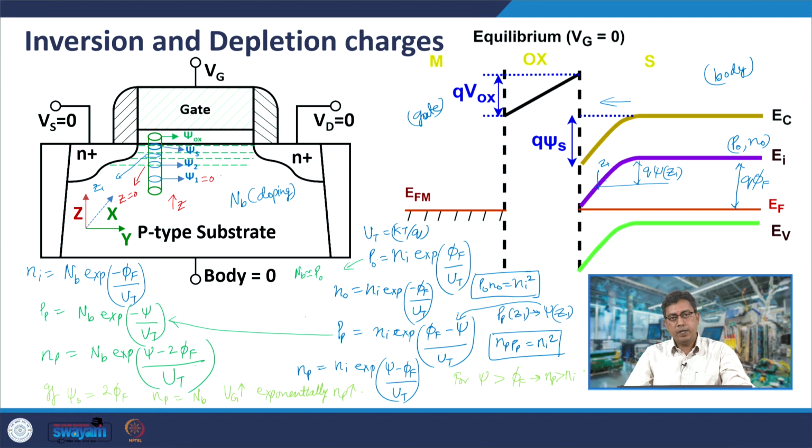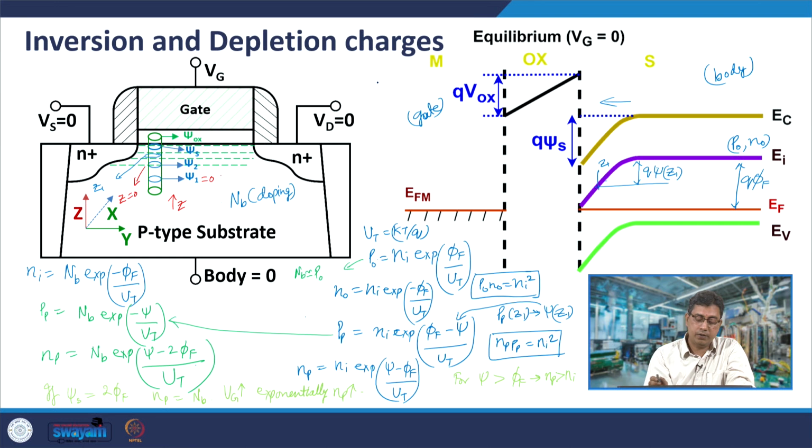Or more interestingly, the electron concentration at the interface or within the depletion region is going to be larger than intrinsic carrier density Ni, in case the potential in the depletion region is larger than phi f. Okay, this is something which we can keep in mind. Okay, so now let us get used to what are the important values here.